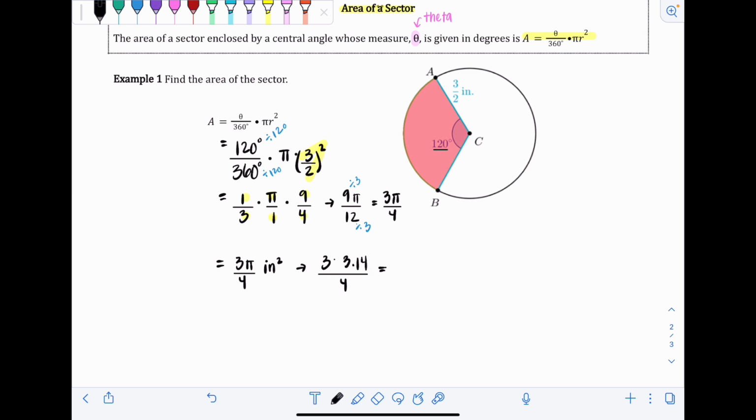So 3 times 3.14 is 9.42, and then you divide that by 4, and that ends up being approximately 2.36 square inches. So without pi multiplied in, it'd be 3 pi over 4 square inches. And if we do multiply pi in, it'd be approximately 2.36 square inches. It's helpful to be able to get to both answers, depending on what answers are available to you in Canvas.